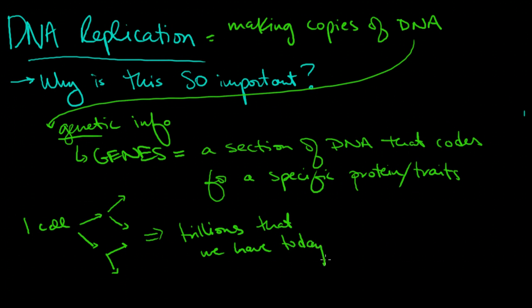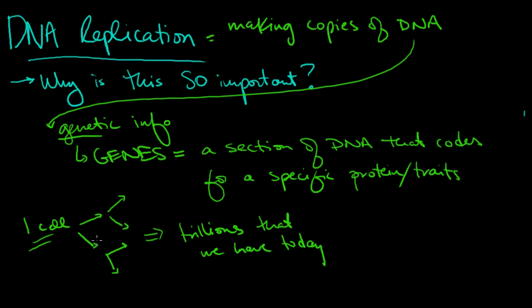Now they all have the, quote unquote, exact same DNA, aside from any mutations, that was in that first single cell. And that DNA had to be copied before those cells could go through mitosis, and when it gets copied, that genetic information can be carried to every single cell.